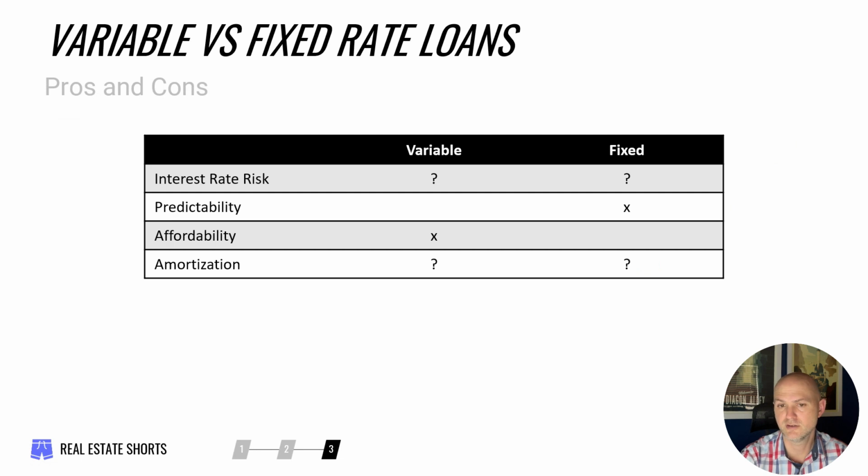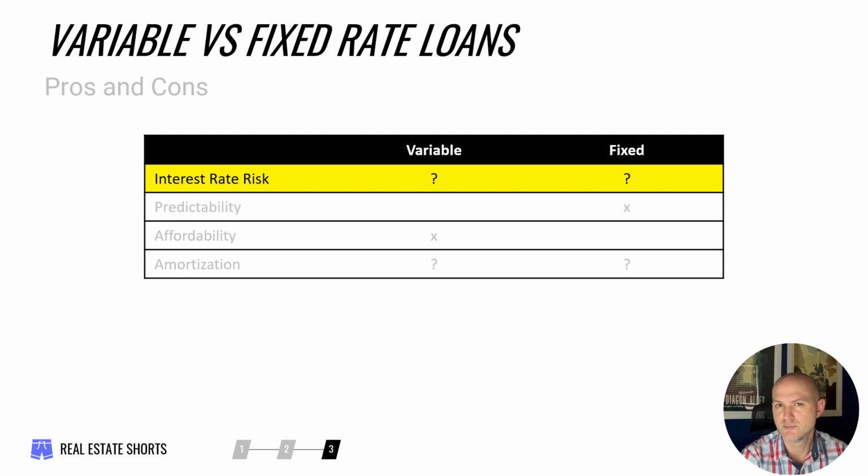based on different circumstances. So let's talk about interest rate risk, right? The fixed rate loan typically doesn't have any interest rate risk because it's a fixed rate. And that means that the borrower doesn't benefit or suffer when rates change. On a variable rate loan, this is where the borrower could benefit or suffer when interest rates change.